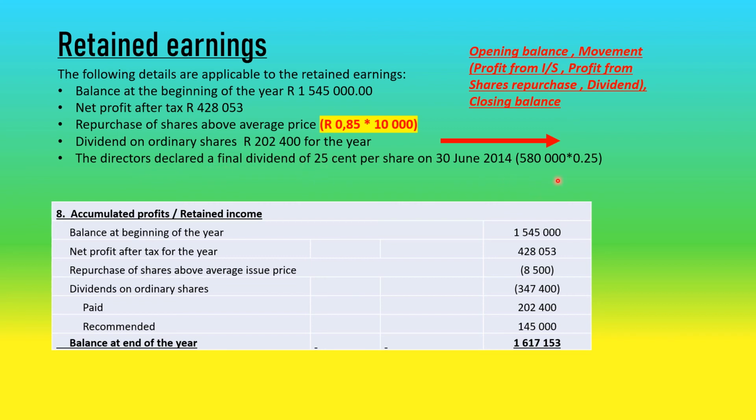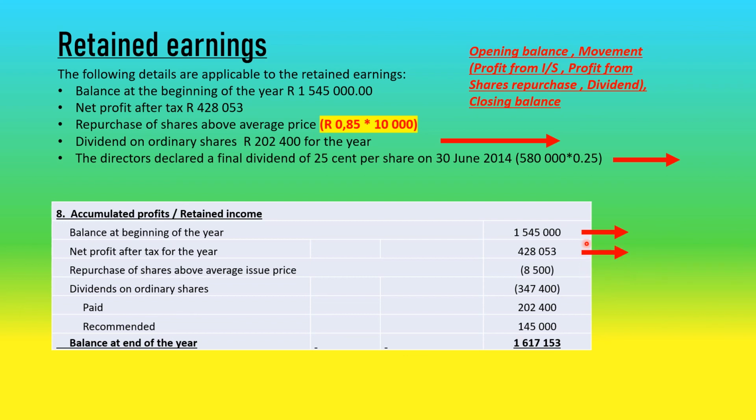This is a very comprehensive example because you've got the share repurchase, you've got the profit, and you've got dividends. So to do this note, you've got your balance at the beginning of the year, the 1.5 million which was given. Then you've got the net profit after tax, which is from your income statement.